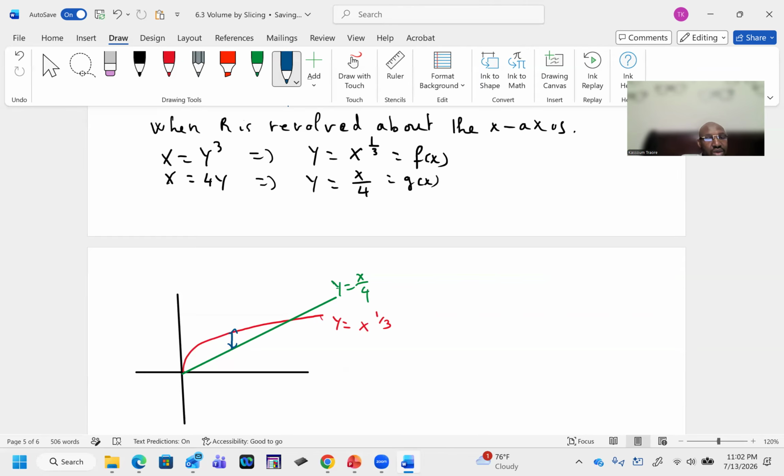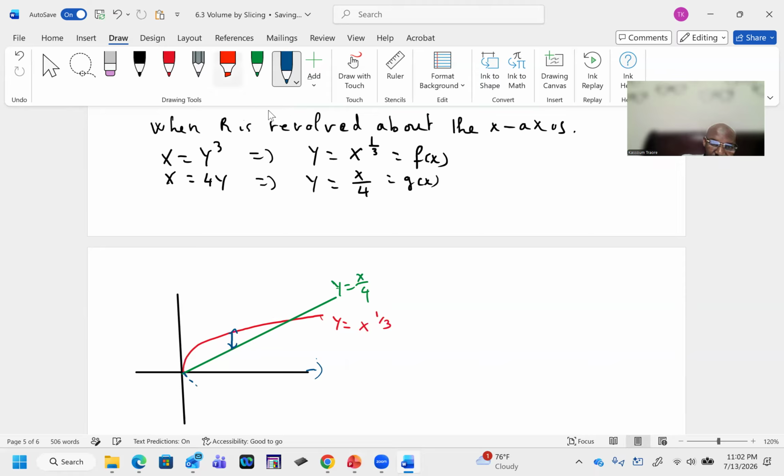So which one will be the inner and which one will be the outer radius? So you can see the inner radius is the green one, that's in, because it will be revolved about the x-axis. If it revolves, this is what I will have.